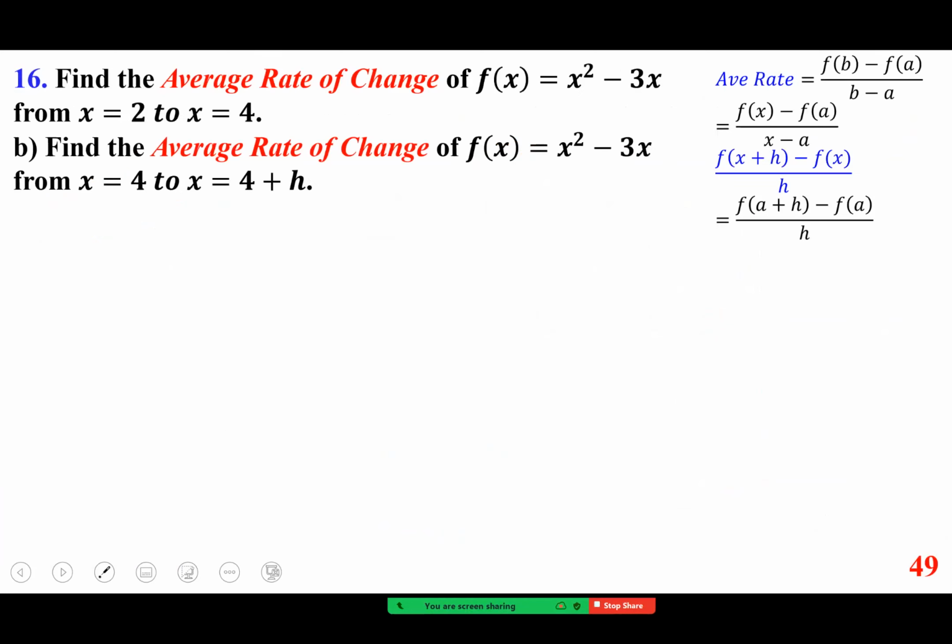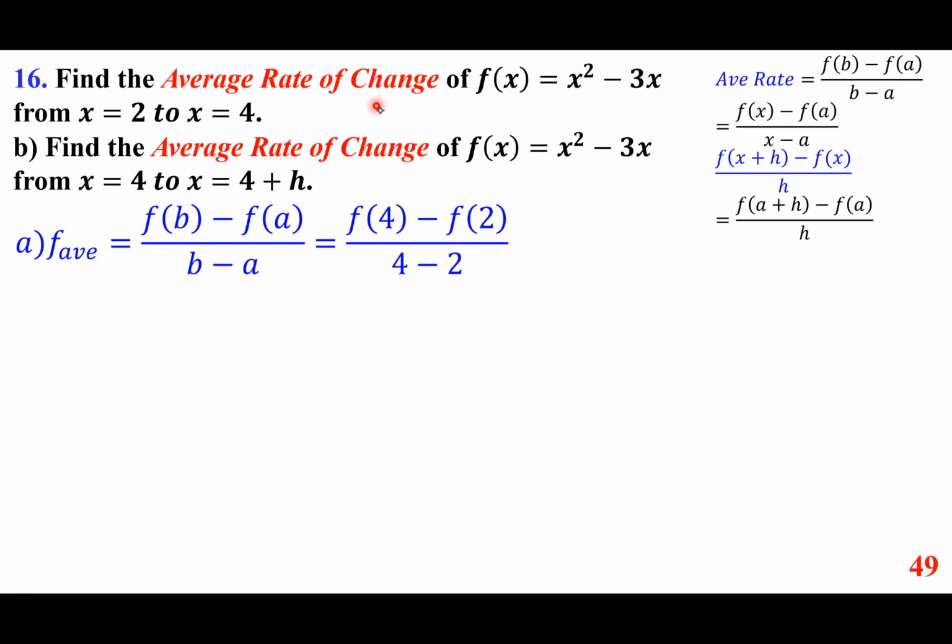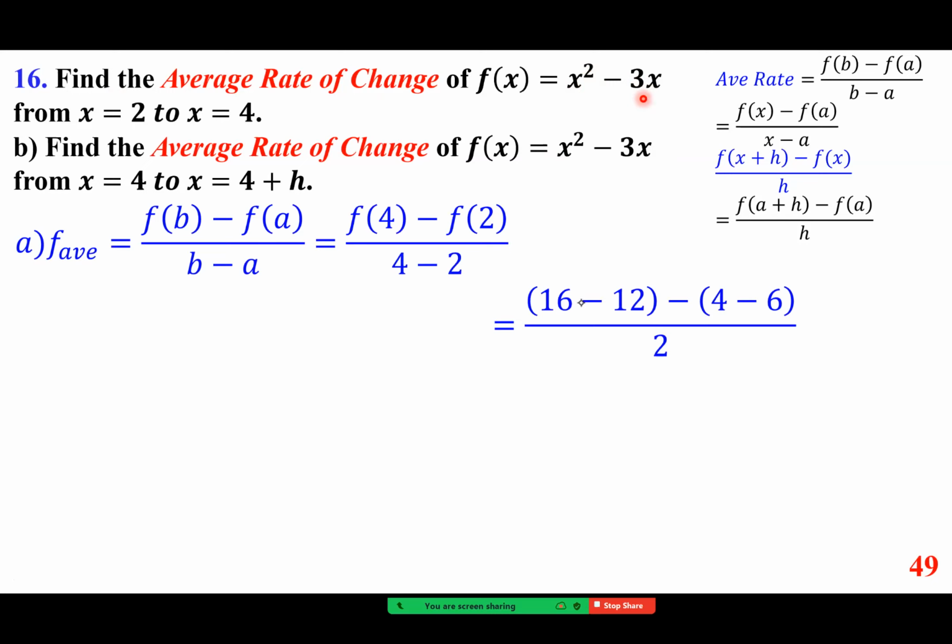All right. Find the average rate of change for this case from 2 to 4. Basically, f of b minus f of a over b minus a. So f of 4 minus f of 2 over 4 minus 2. So plug in 4 squared minus 3 times 4, and then 2 squared minus 3 times 2, and simplify.